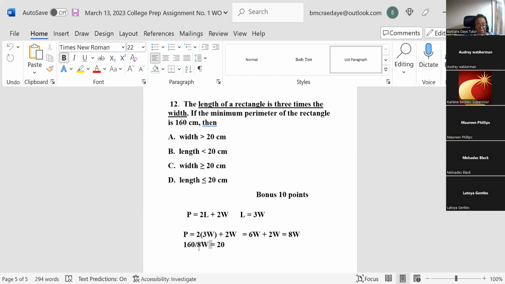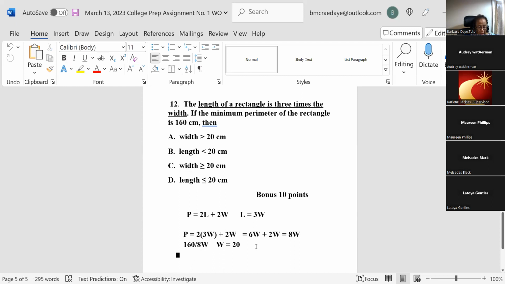That means your W has got to be greater than or equal to 20. 160 divided by 8W, let's just put here, W equals 20. So your width must be greater than or equal to 20. They say the minimum is 160. So then this must be your width, greater than or equal to 20.